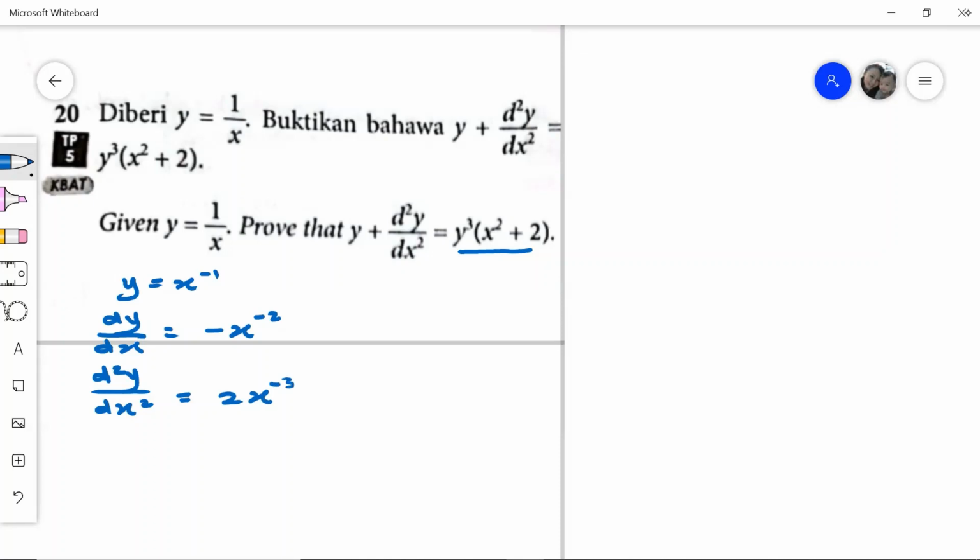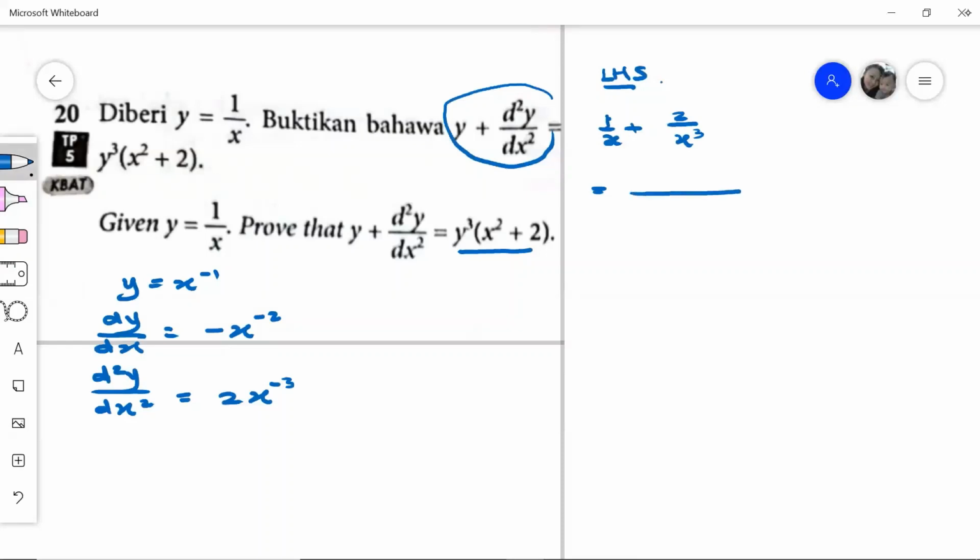Now let's start from the left-hand side. From the left-hand side, we have y, which is 1 over x, plus the second order derivative, that is 2 over x cubed. Therefore, we can combine the two fractions into a single fraction.